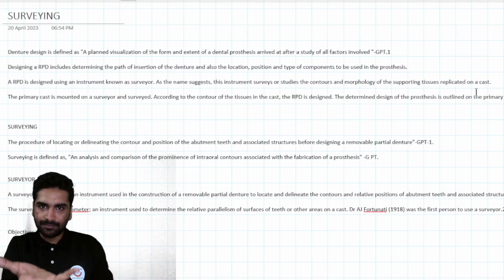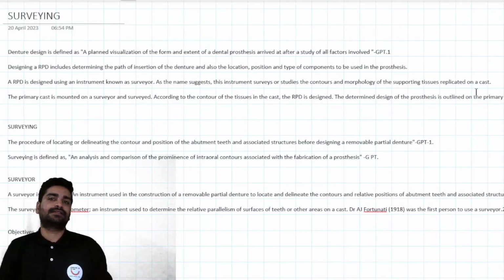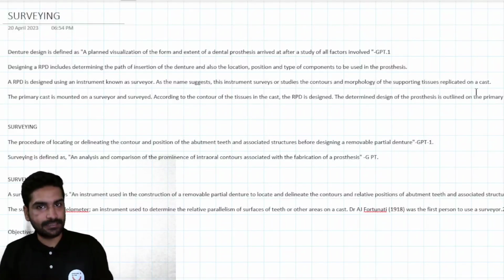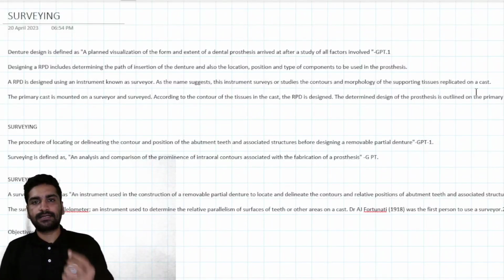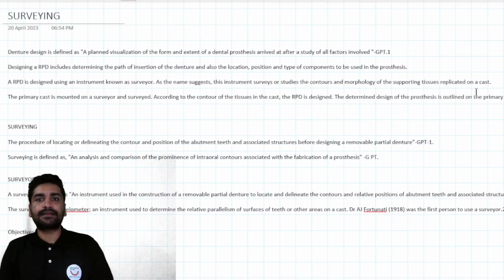Similarly, the main components of your RPD, which we'll study in the upcoming lectures, like your major connector, minor connector, direct retainer, indirect retainer, all these assemblies are made up of metal, right?